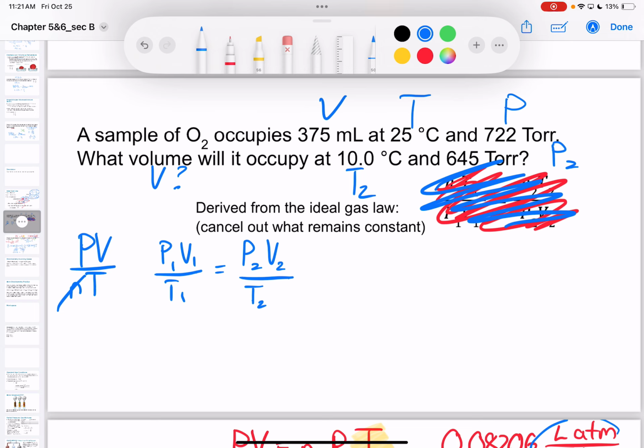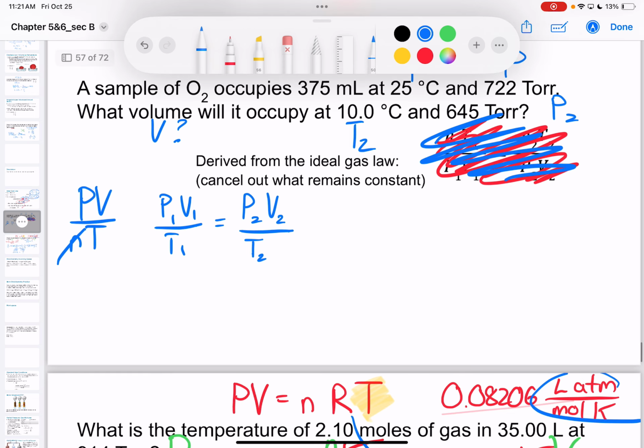If you're worried about not being able to figure out when do I change units and when do I not, then just always convert to liters, atmospheres, moles, and Kelvin. You'll never get it wrong if you do it that way. It's just going to take you a little bit longer.